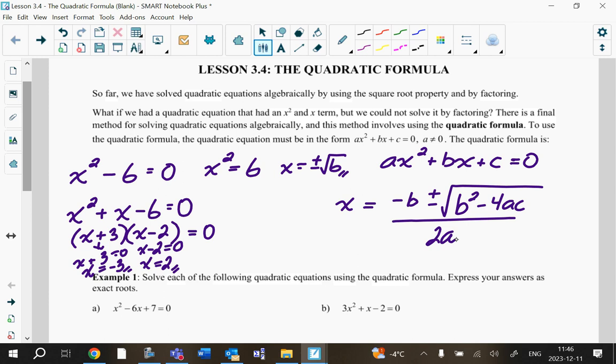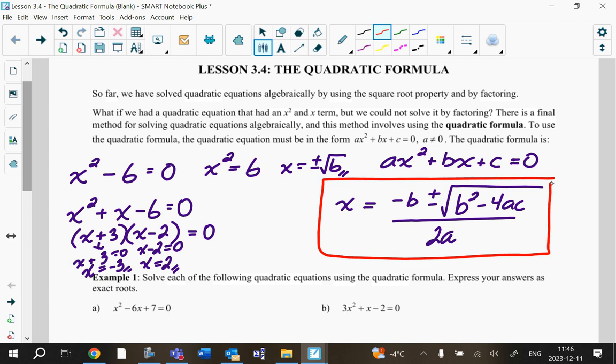Yes, that looks like a big formula, but you guys will get used to using it pretty quickly. You will always get this formula. This is for when we can't factor. And we can't do the plus minus square root. Okay?